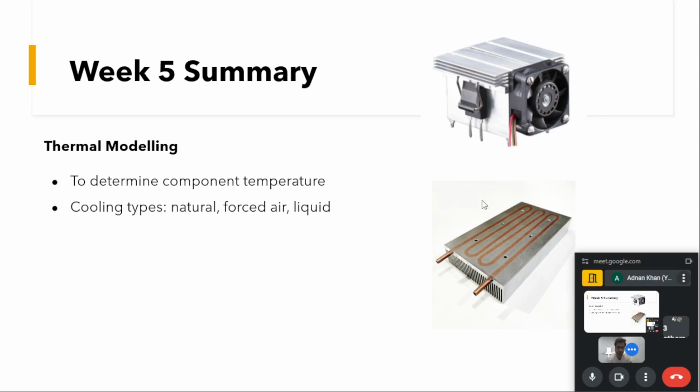And usually this liquid cooling is used in high power converters, where the losses are very high, and we have to limit the temperature rise due to these high losses in the devices.